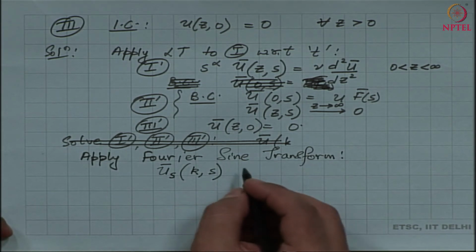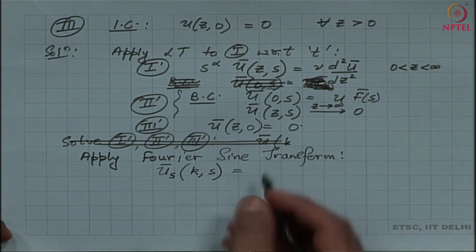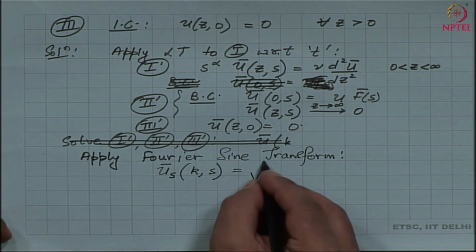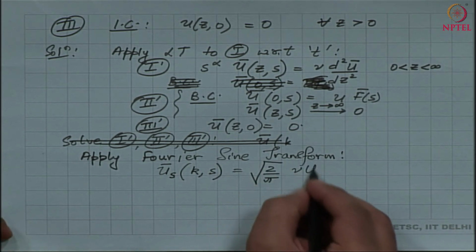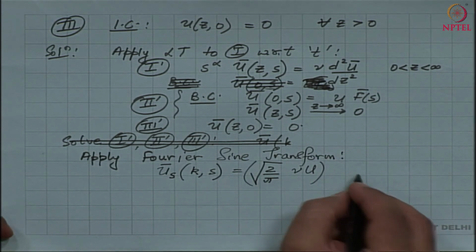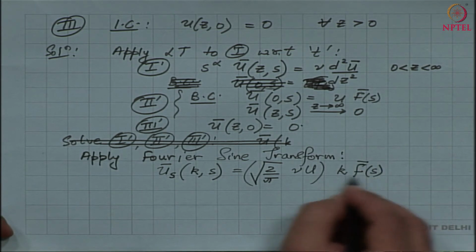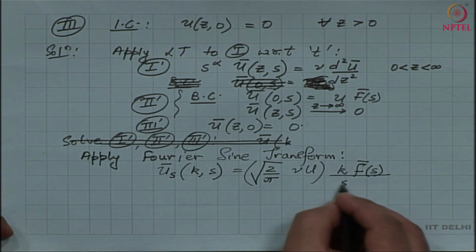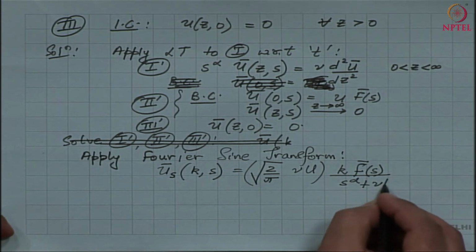After applying all my initial and boundary conditions, I get that this is equal to square root 2 by pi times nu times u times the following fraction: k times f bar of s divided by s to the power alpha plus nu times k square.